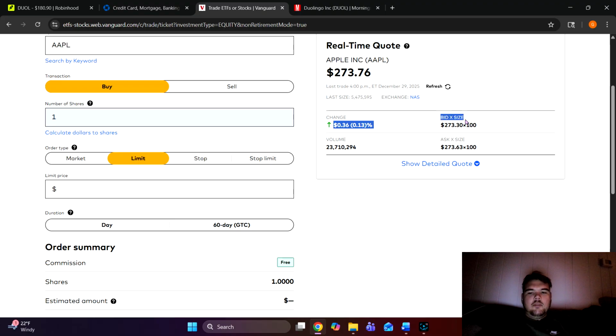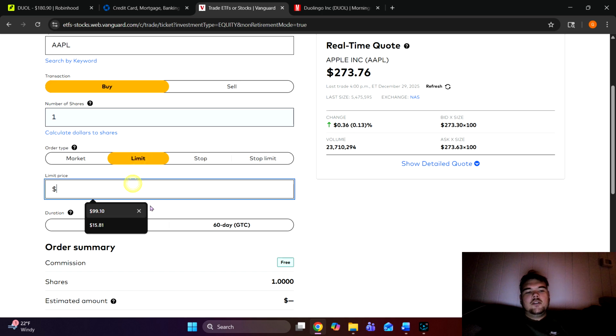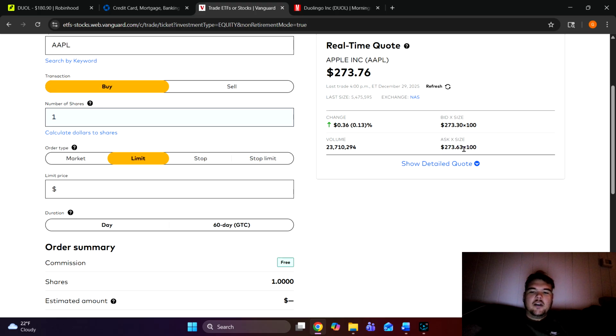So there's bid and ask size as well as the market price. Bid size is buyers putting in limit orders to try to buy the stock for a cheaper price than the market price. The ask size is sellers selling the stock for the lowest that they would go.